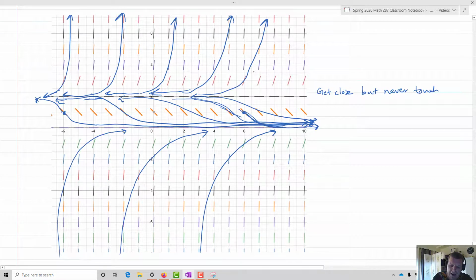On the other hand, if I start out above y equals 2, I'm going to get a curve that's just going to rocket up towards infinity. So that helps us think about the behavior of these functions depending upon where you start. That'll be really crucial to think about population, or cooling, or velocities, or anything else like that. It's kind of neat.